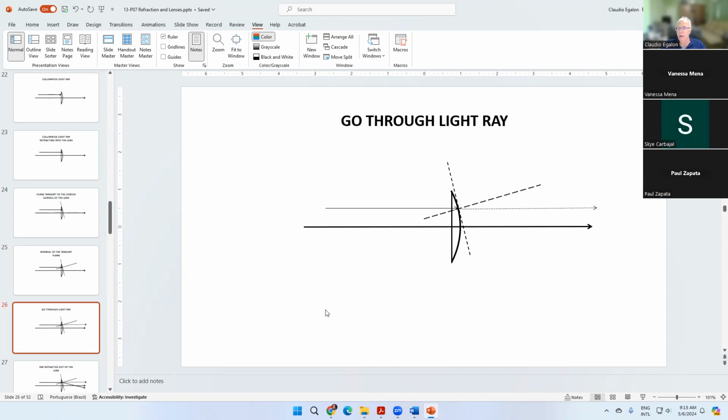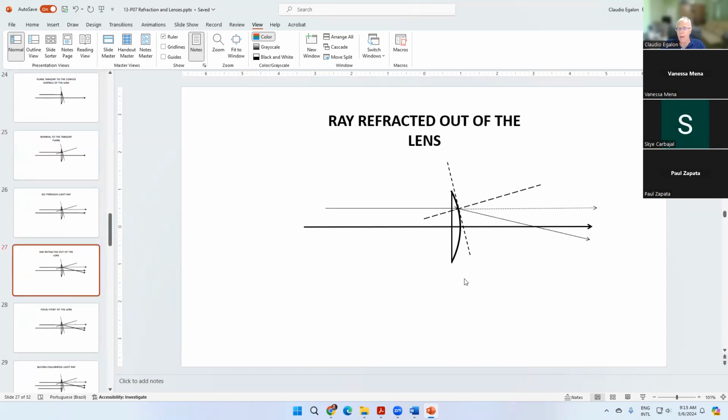We do that just for reference, okay? Suppose that there was no refraction whatsoever due to this lens. So this light ray would go through. But I'm doing that only for reference because the actual refracted light will move away from the normal, and also from the go-through ray, right?